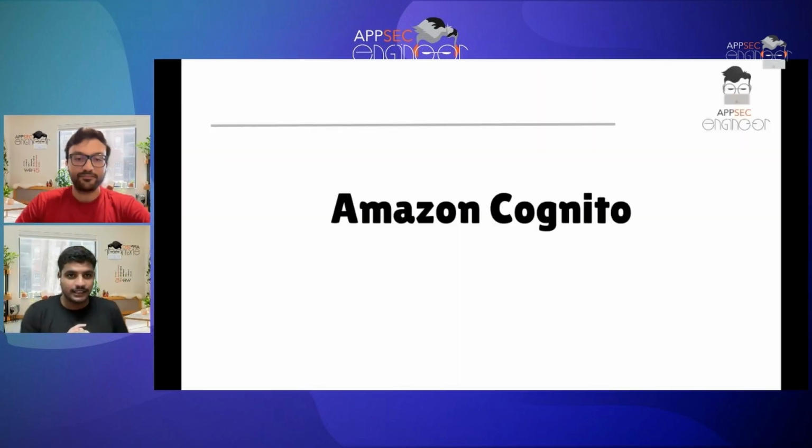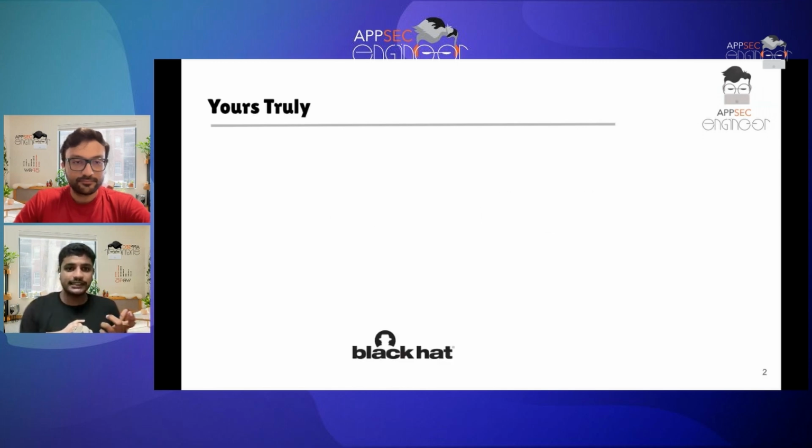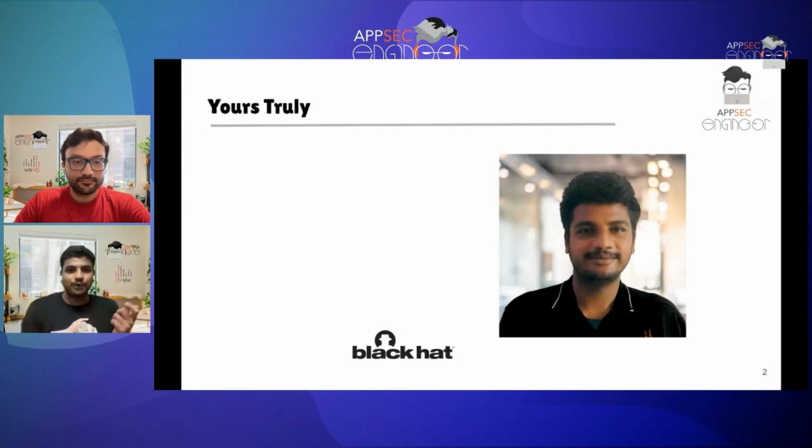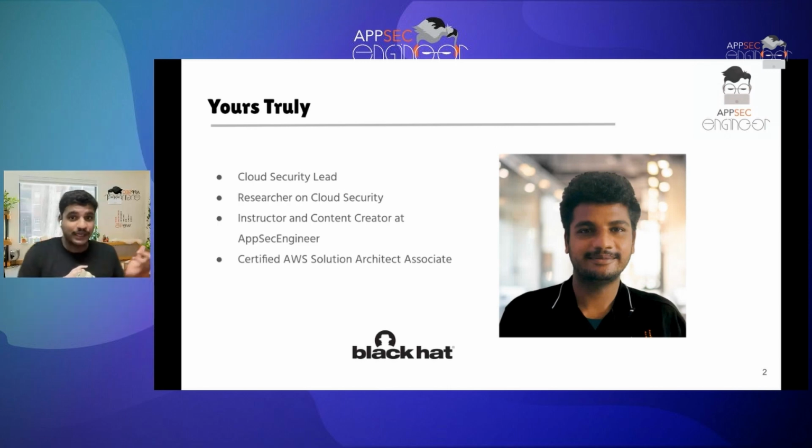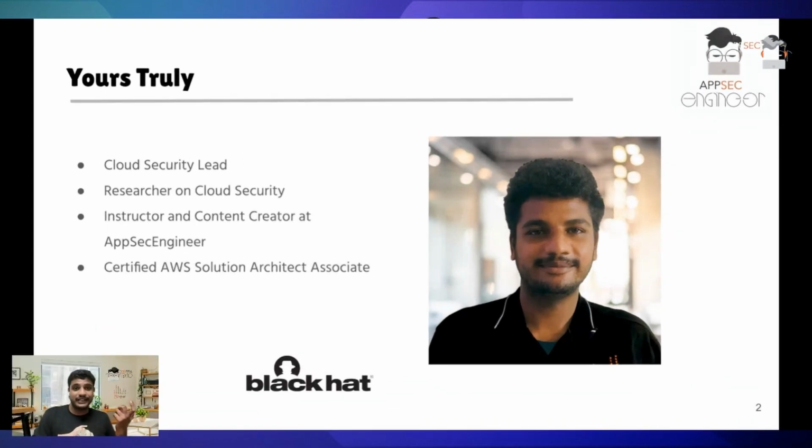I hope my screen is visible, and I'll get started with Amazon Cognito, and then a little intro about me. I am Rajesh Kanamaru. I work at AppSecEngineer as a cloud security lead. Being a cloud security lead, I am responsible for ensuring the security of organizations' data and system and cloud computing environment.